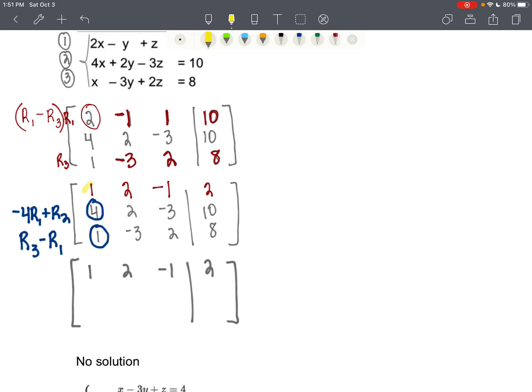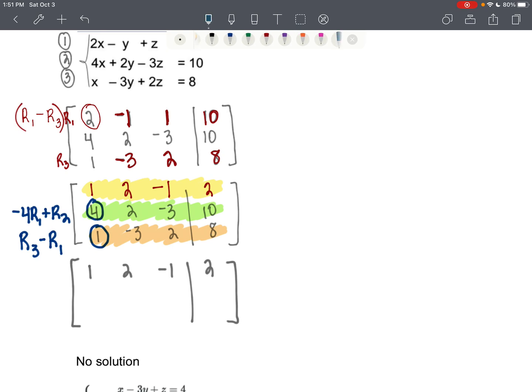-4 times row 1. I'm going to highlight so I can show you. I can say yellow, green, and orange. There we go. So we're changing the green row.